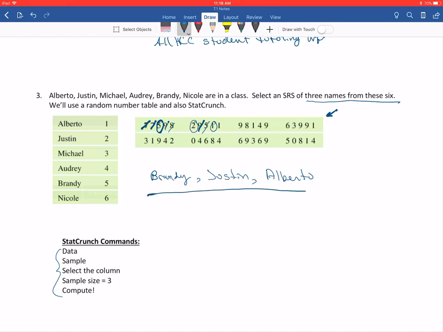If I were to run this simulation again, even with my random number table, what if I started here at the second line? Well, I would pick Michael. I would pick Alberto. And I would pick Audrey.